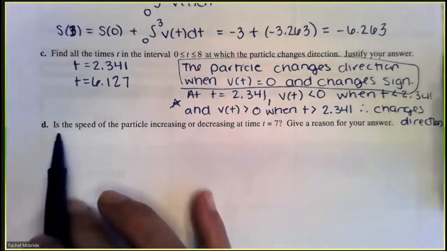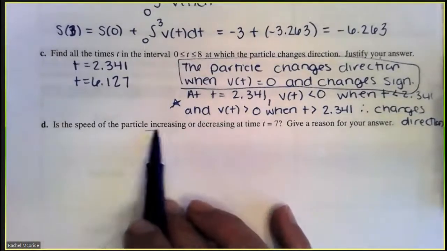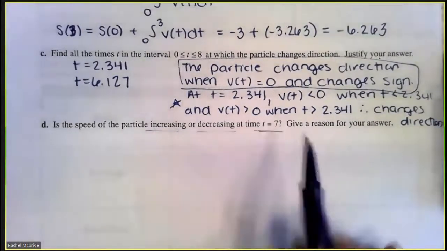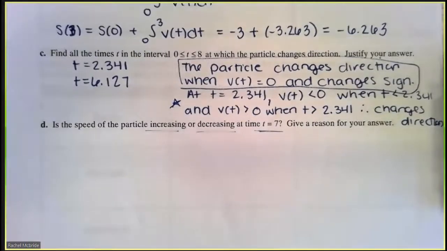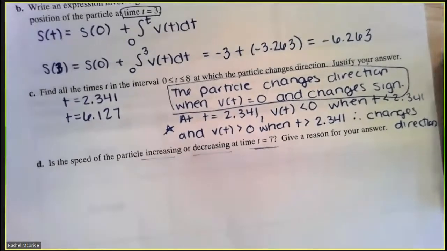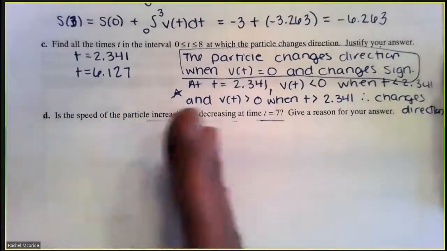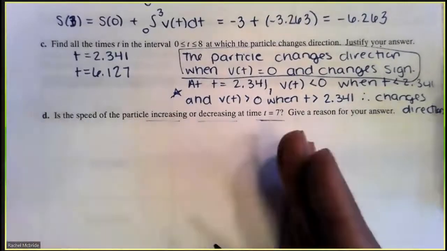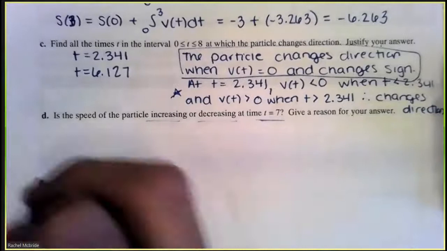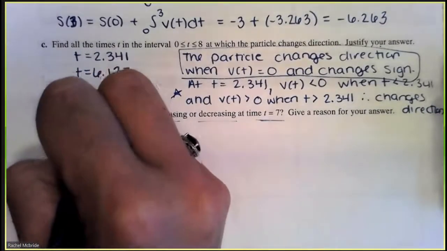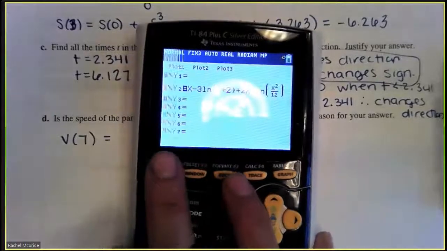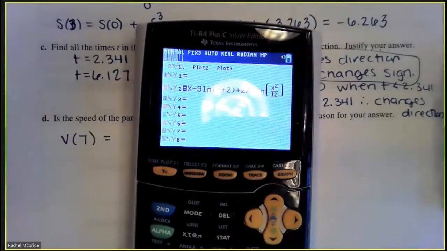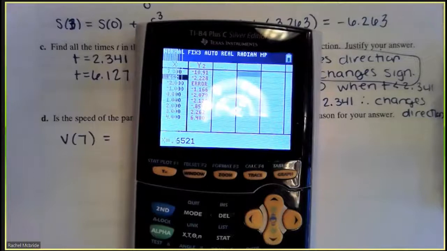Then it says, is the speed of the particle increasing or decreasing at 7? So speed is increasing where velocity and acceleration have the same sign, and decreasing where they have opposing signs. We're going to look at v of 7 to start. Velocity is in your y equals, so you could go over to your table and type in 7.